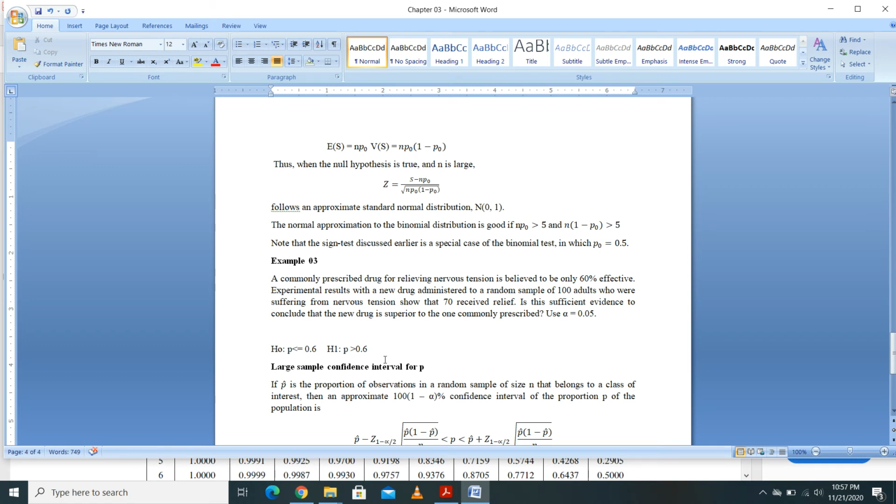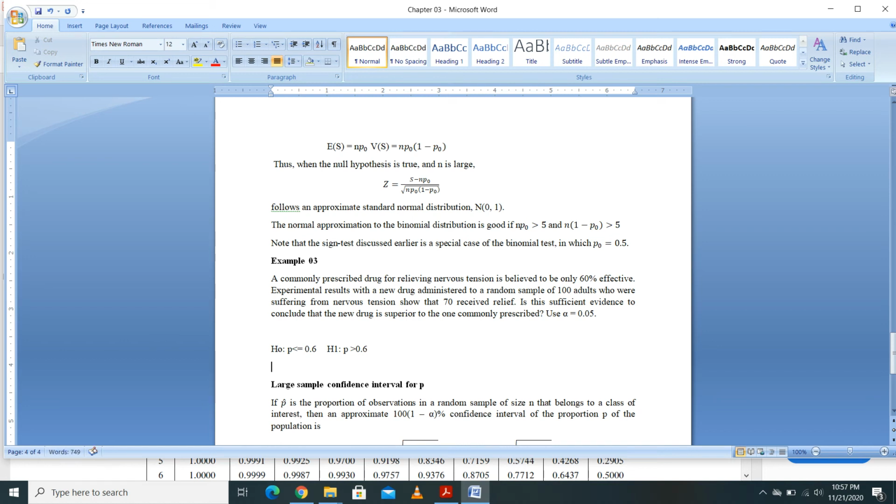Alright, so after writing the hypothesis, you can see it's not a small sample, you have 100 observations. If you take N P naught, the sample size is 100 and P naught is 0.6, the value that we are testing, so this is equal to 60.